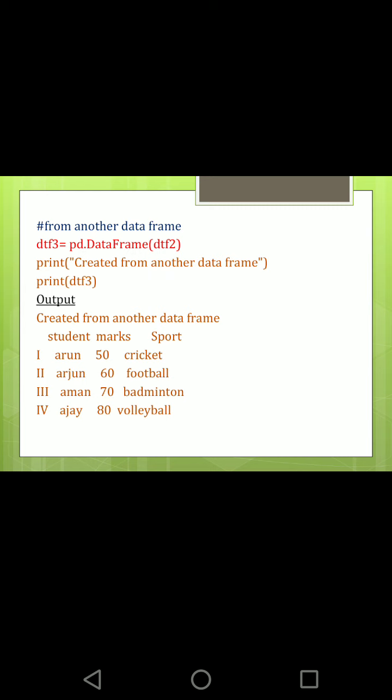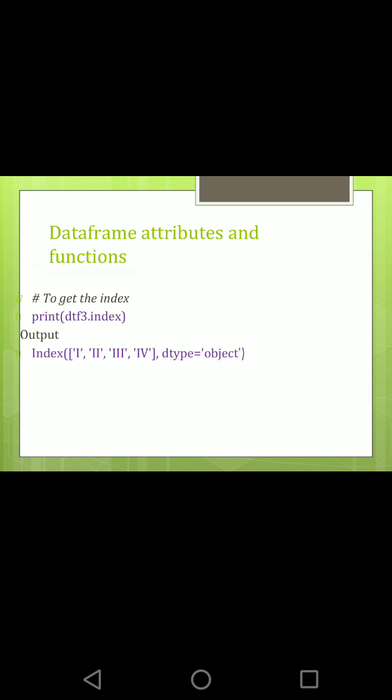And now to print the value, you use again the print function. You can see the content of the same DTF2 is copied to DTF3, but you are actually displaying the third data frame. Now, before going to the details, you need to know some of the functions available in the data frames and how to access them.